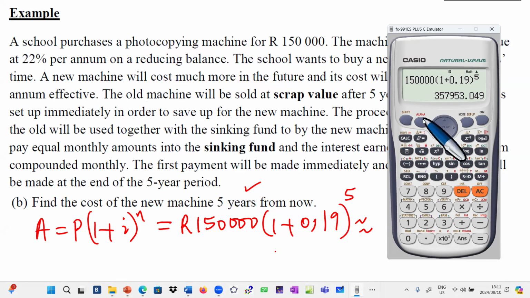So that in the end, it is 357,953 Rand and 5 cents. And this is the cost of the new machine 5 years from now.